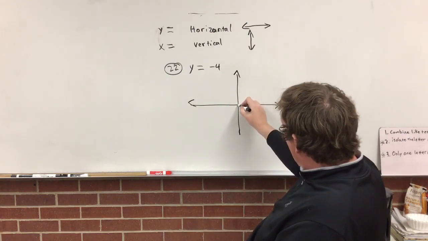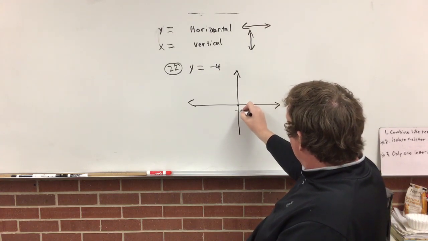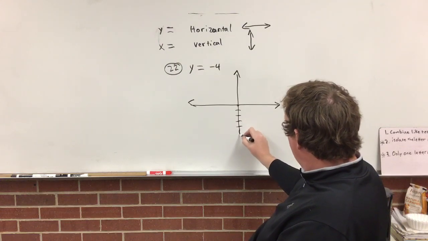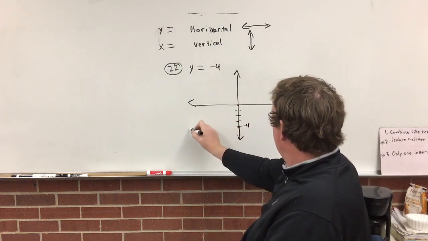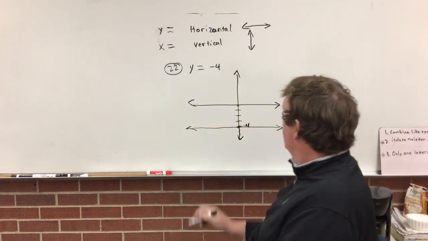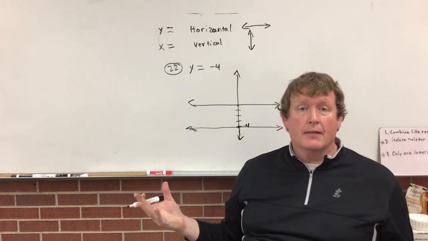We start at the origin, and on the y-axis we go up and down. At -4, we go down 4. 1, 2, 3, 4. There it is. There's -4, and then all the points of x will be on that line. And there we've graphed it.